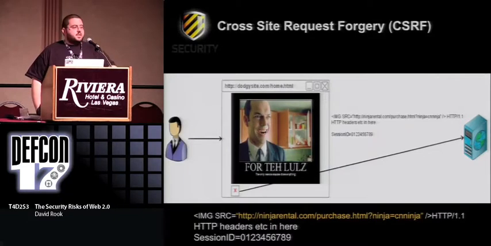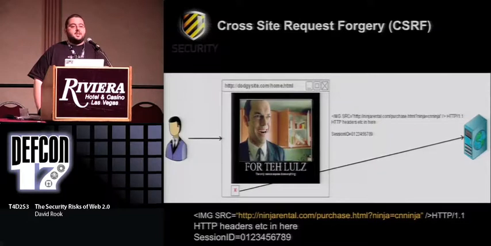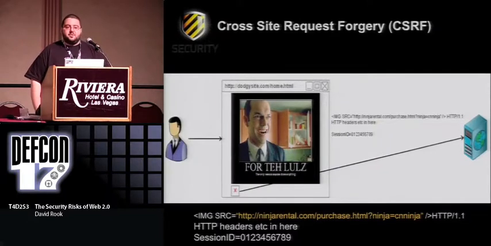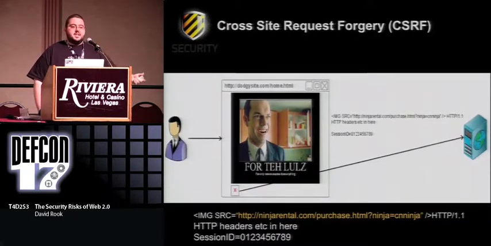When the user comes on this site, the funny pictures of Agent Smith load up, but in the background the browser sees it has to make a request to ninjarental.com as well. It's making a request to hire that Chuck Norris Ninja, so he's going to have £1,000 debited from his account without ever sending that request. Again, the browser, being helpful, sees you've got a session value for it, sends that along, and the request is made.